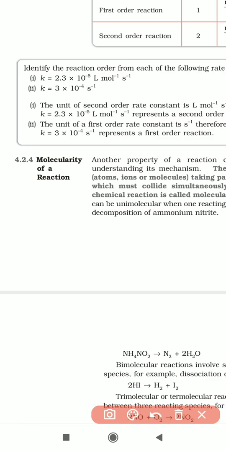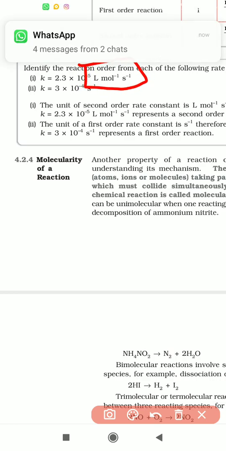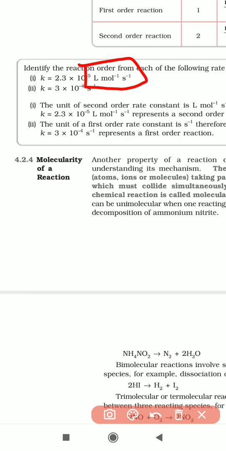K is equal to 2.3 into 10 power 5 liter mole inverse second inverse is given. So what is the order for this unit? This is the unit for a second order reaction. Liter mole inverse second inverse represents a second order unit.